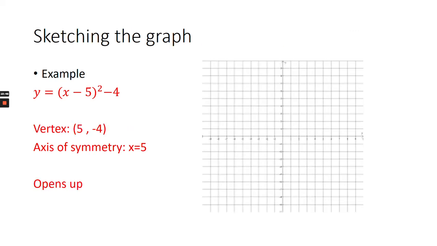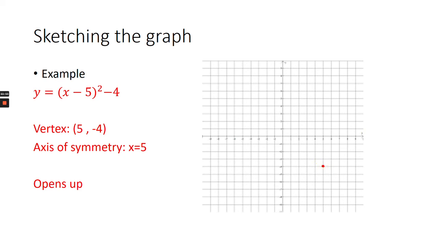All right, so now we're going to go ahead and sketch the graph, guys. The first thing that I'm going to want you guys to do is plot your vertex. So our vertex is positive 5, negative 4. So we're going to find ourselves positive 5, 1, 2, 3, 4, 5, and go down negative 4, 1, 2, 3, 4. So our vertex will be here.